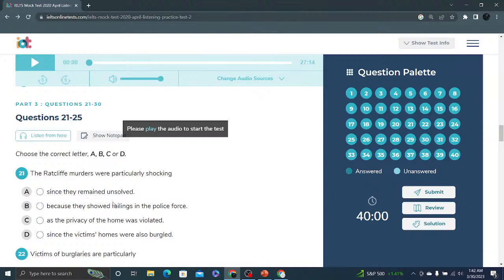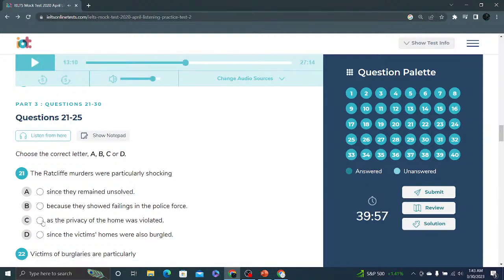Since they remained unsolved, I don't think this should be the answer, because they showed failing in the police force, as the privacy of the home was violated. Okay, C would be the answer, I hope. So C would be the answer.